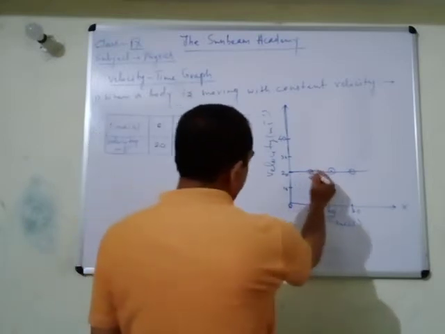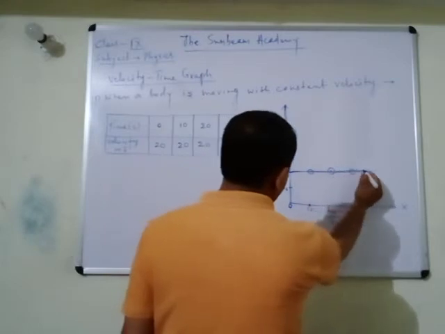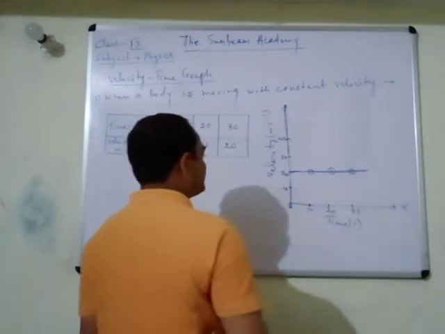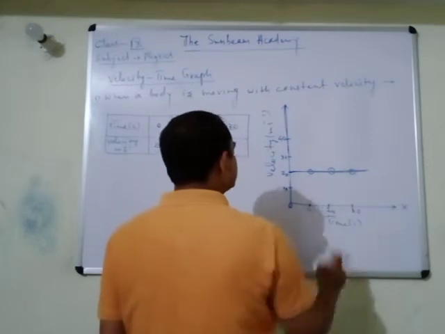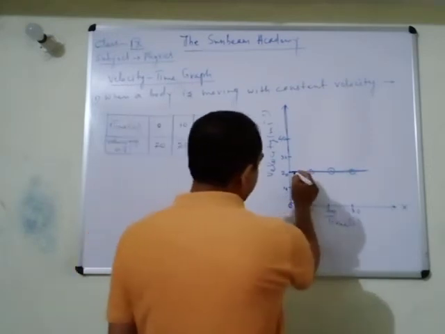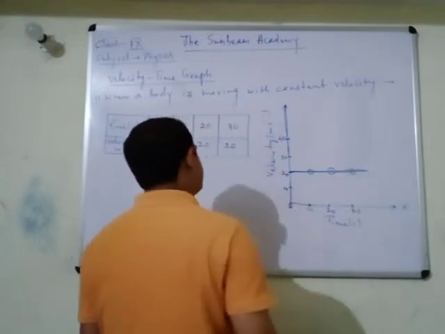So, how do we get the slope of the velocity time graph? This line is parallel to the time axis. The value of the slope of this line will be 0.